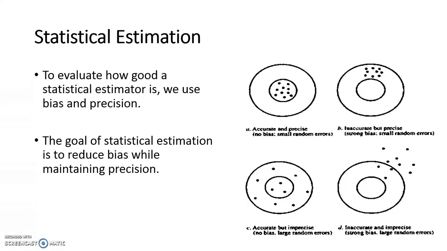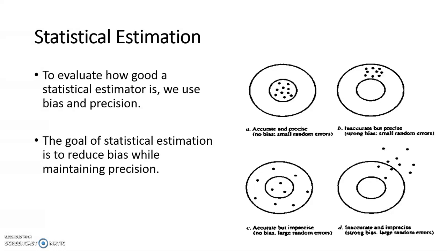So once we have a statistical estimator, we wonder how good it is, and we want to evaluate it. We usually use bias and precision to evaluate how good a statistical estimator is. On the right-hand side, there are 4 situations.